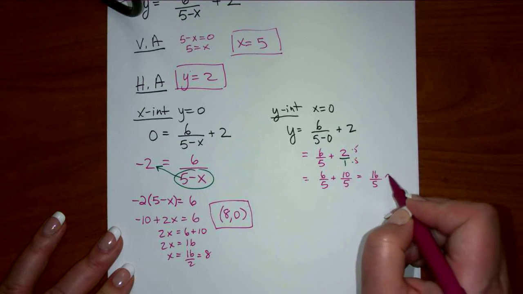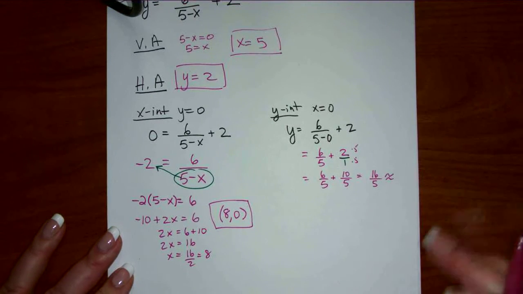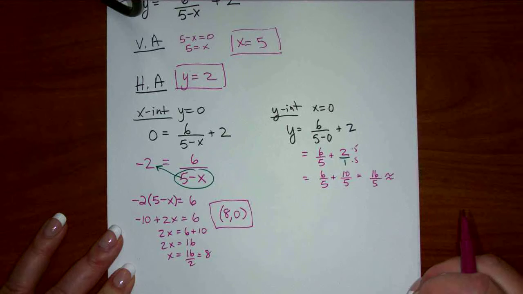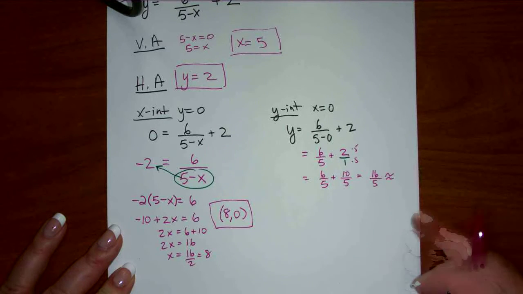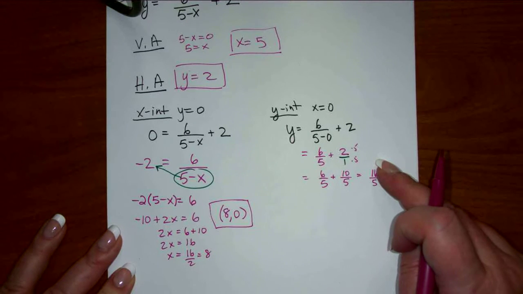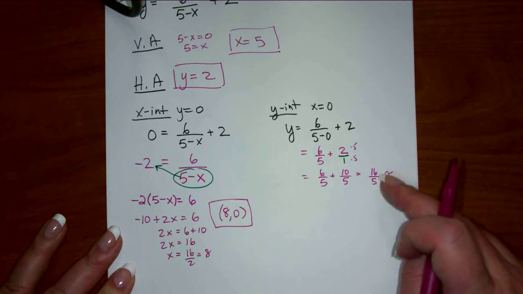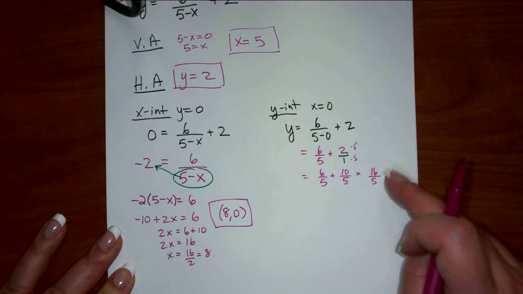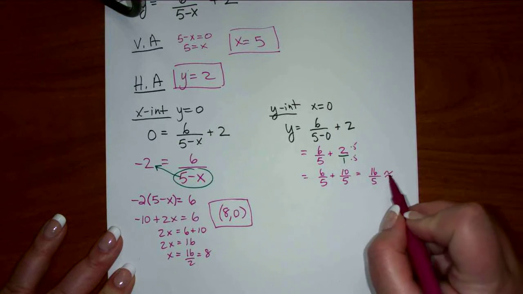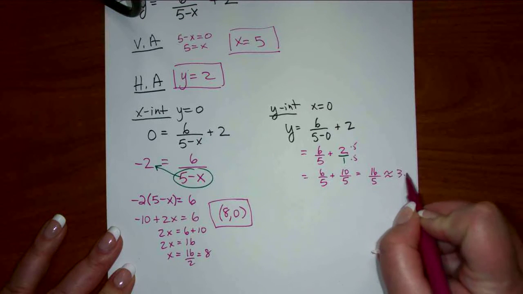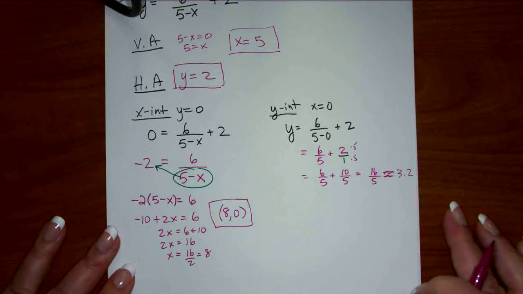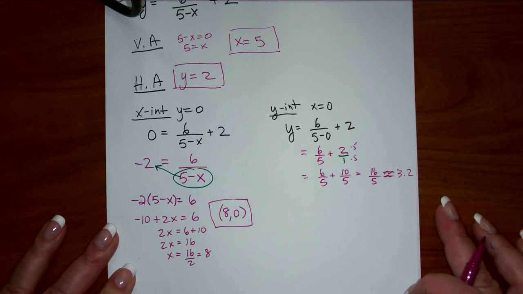For graphing purposes, what's our guess? Maybe you know it exactly. How many times does 5 go into 16? 3 with 1 left. And what was the decimal for 1/5? 0.2. So it's 3.2, and that's actually exact if you weren't guessing, because it is 0.2. So you could put a real equal sign there instead of a guess equal sign.